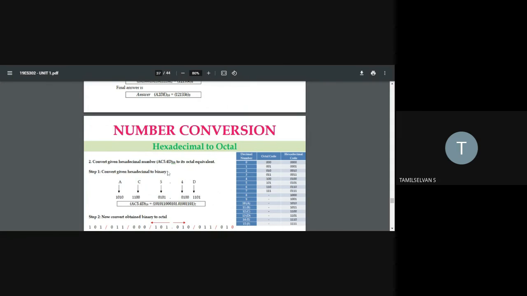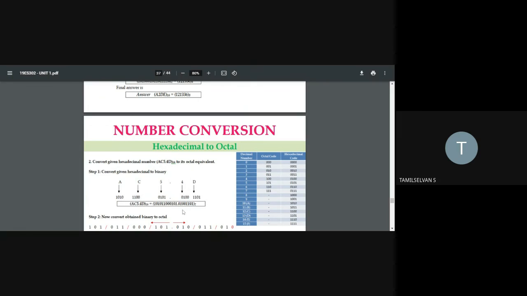So consider this example number 2, AC5.4D. First we have to convert this hexadecimal value into 4-bit binary value. Capital A is 1010, capital C is 1100, then 5 is 0101, then dot 4 is 0100, then capital D is 1101.